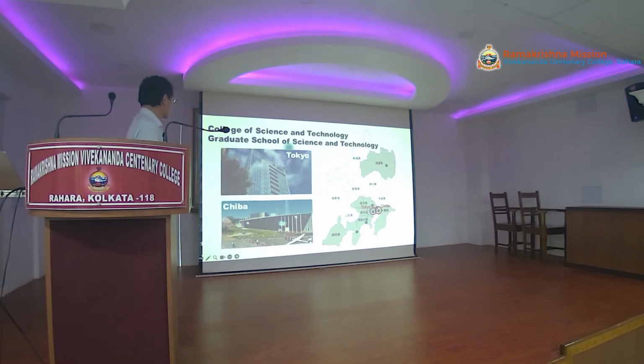One is in central Tokyo, and the other is in Chiba Prefecture, the next prefecture to Tokyo. I'm working in the Tokyo area. This is a new building, but my chemistry building is quite old and small.